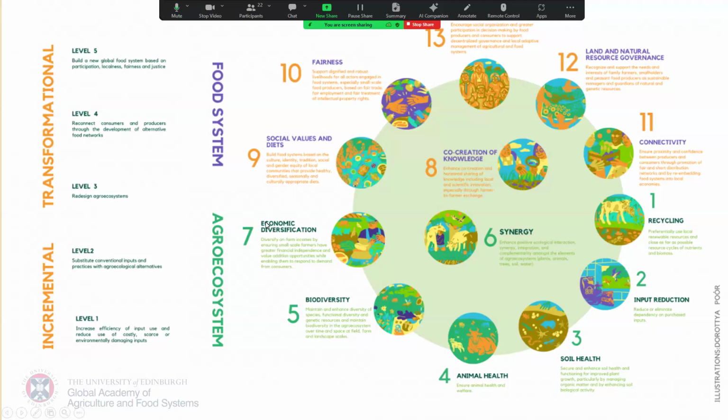So the ones down the bottom half here are some ecological principles. They typically include things like biodiversity, recycling, energy and water efficiency, soil health, and then up the top here we have principles more in the socioeconomic and political realm, so things like human health, gender and other forms of equity, diverse, circular or solidarity economies, autonomy, responsible governance, and collective or participatory decision-making.